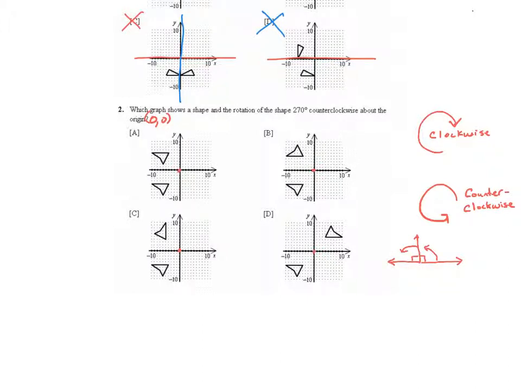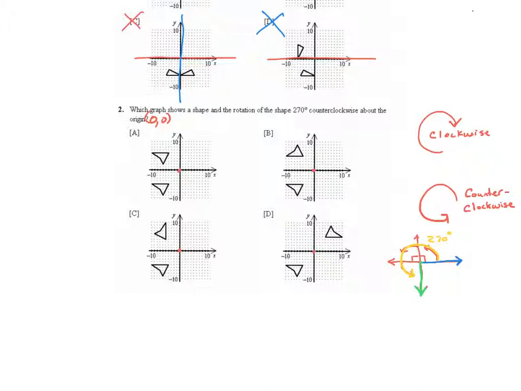And then lastly, I'd do one more 90 degrees, that would be 270 degrees. So it would begin right here and end right down there. That would be an example of a 270 degree rotation. This amount of rotation right here is 270 degrees counterclockwise.